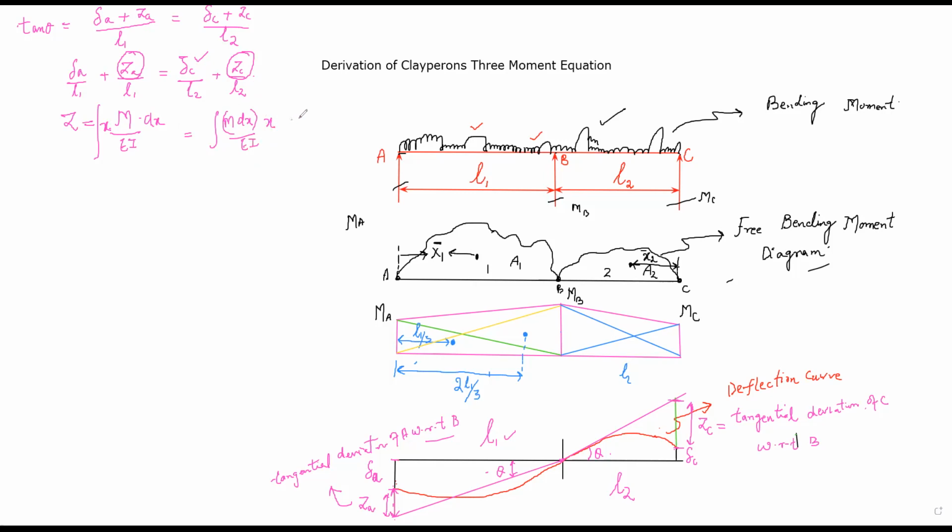From basic mechanics, we write this as the area under the M diagram into x bar, where x bar is the coordinate of the centroid, divided by EI.